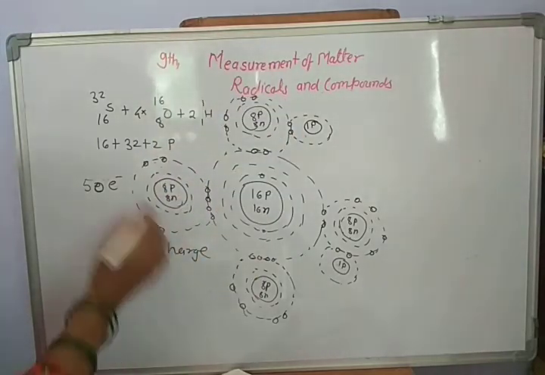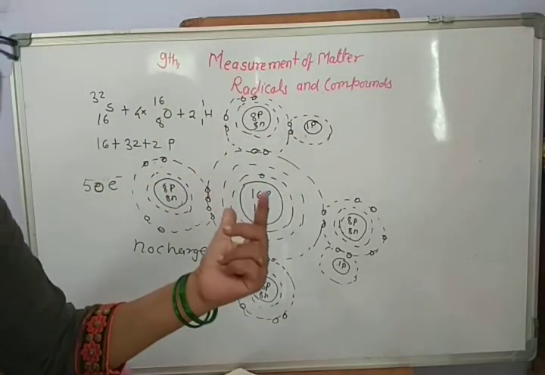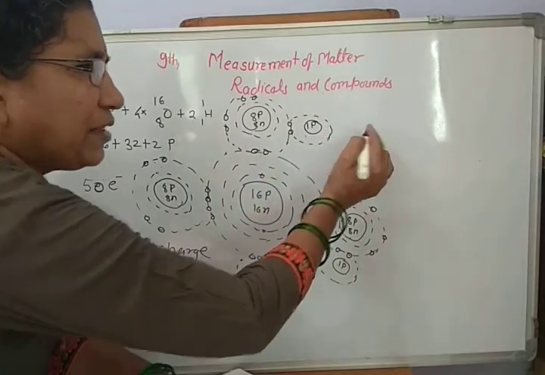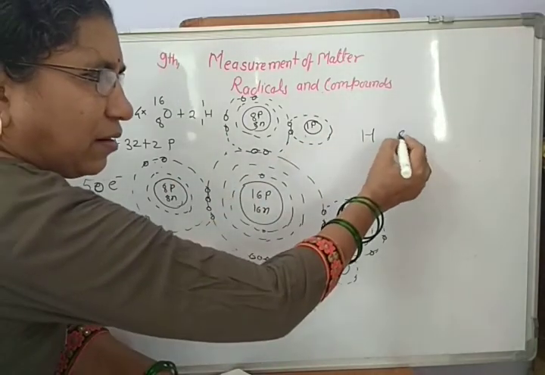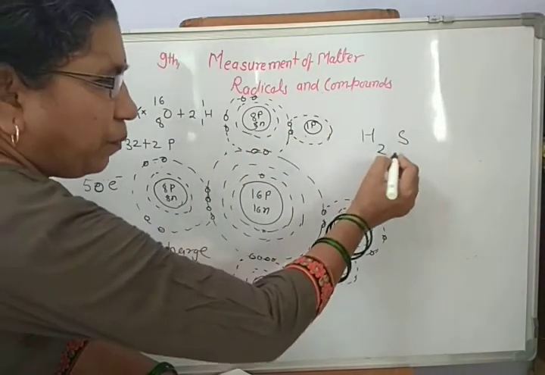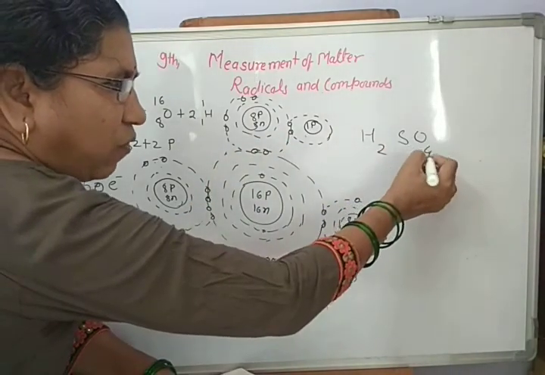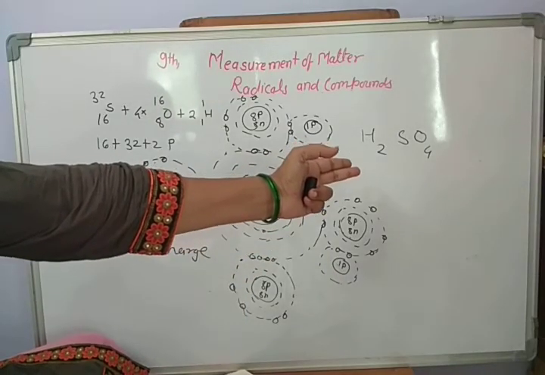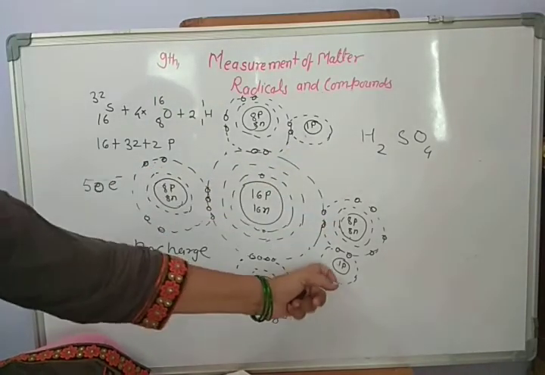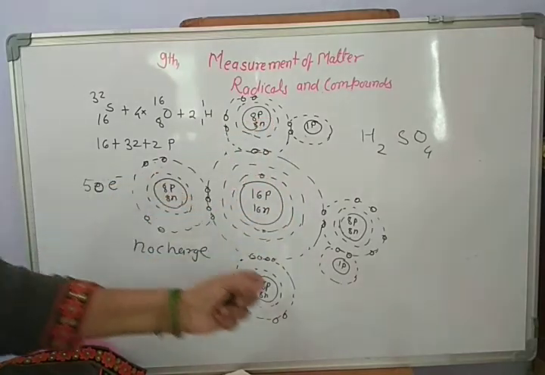And this is how. What can you say about the name of this compound? How many H are there? 2. How many S are there? 1. And how many oxygen are there? 4. You are very familiar with this formula. What is it? H2SO4.